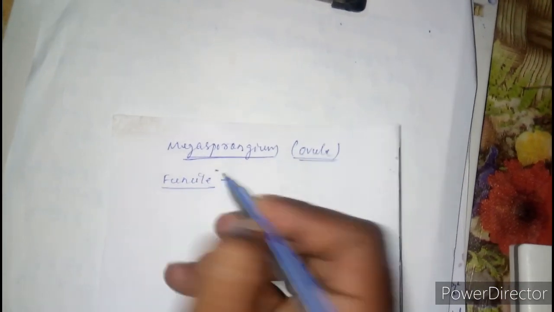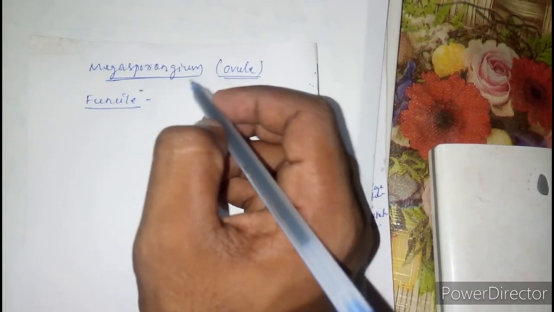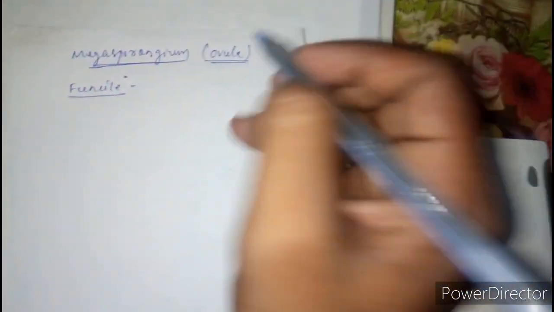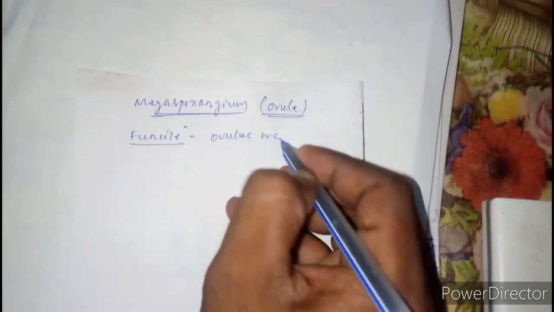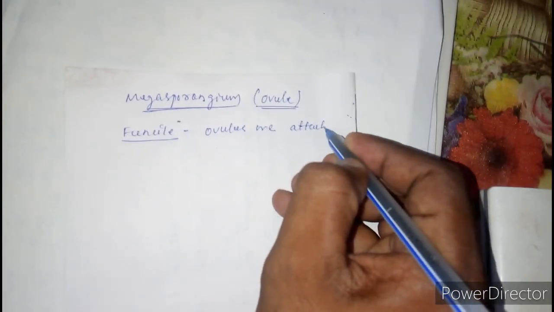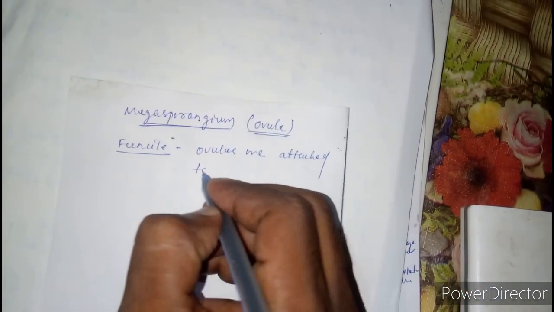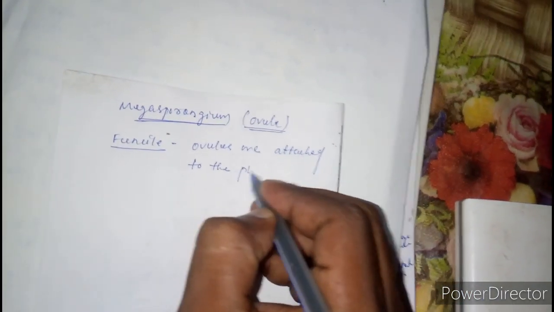Funicle is a structure through which ovules are attached to the placenta.